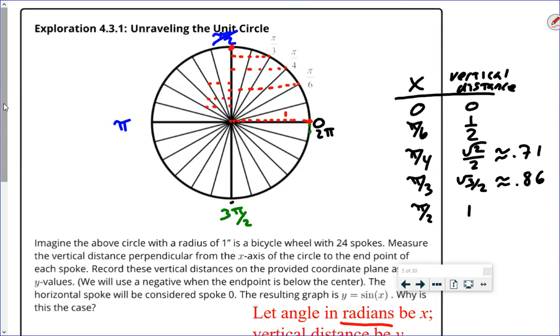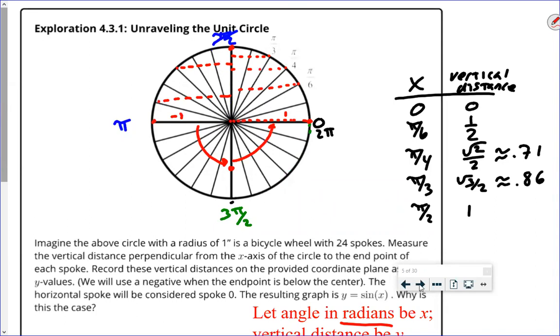Remember, like Noah said a second ago, all these distances are negative because they're in quadrant 2, until we get down to here, and that distance would be -1. When you get to pi, same thing as we come around here, it'll be 0. And then if you keep on coming back around to 2 pi, it'll come back to 1.